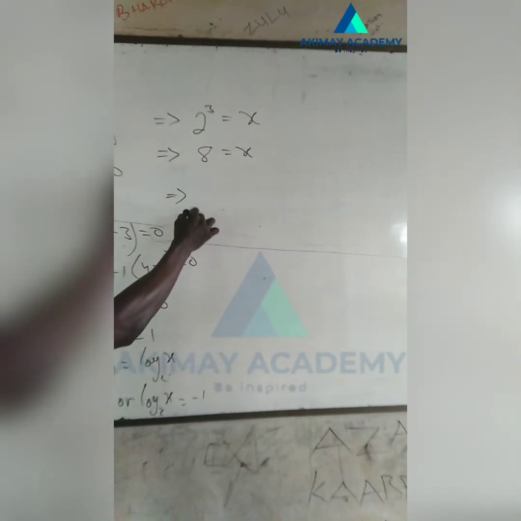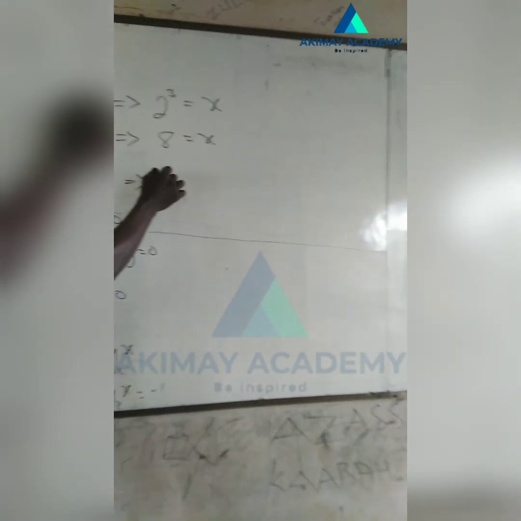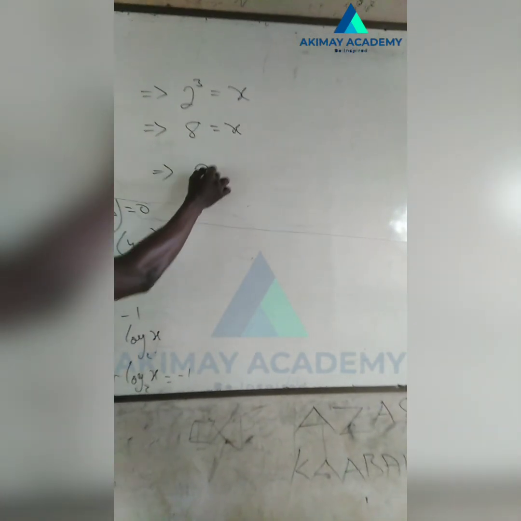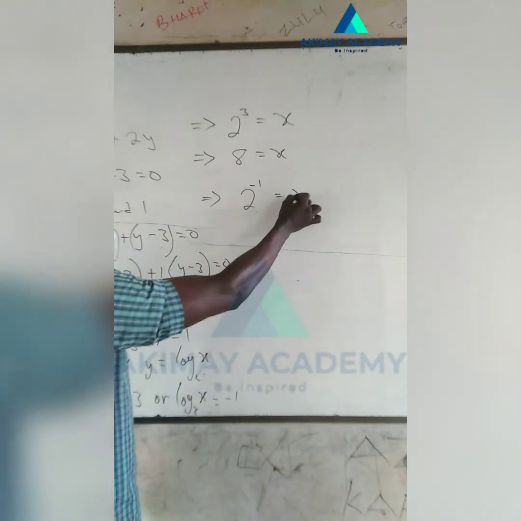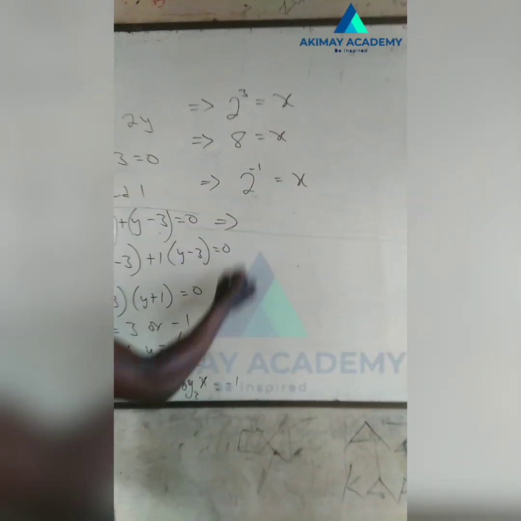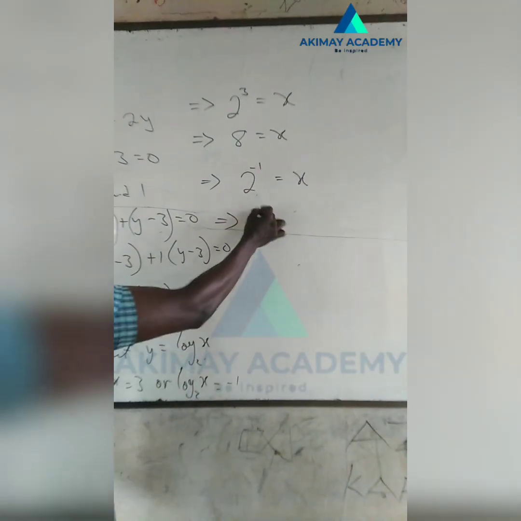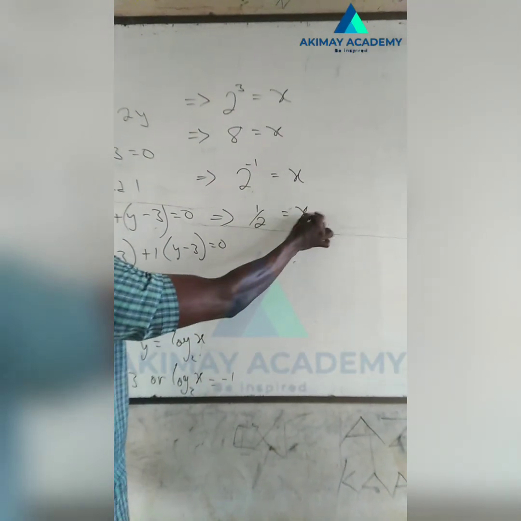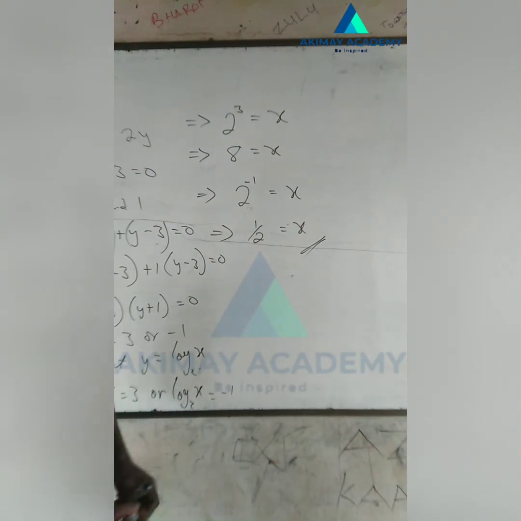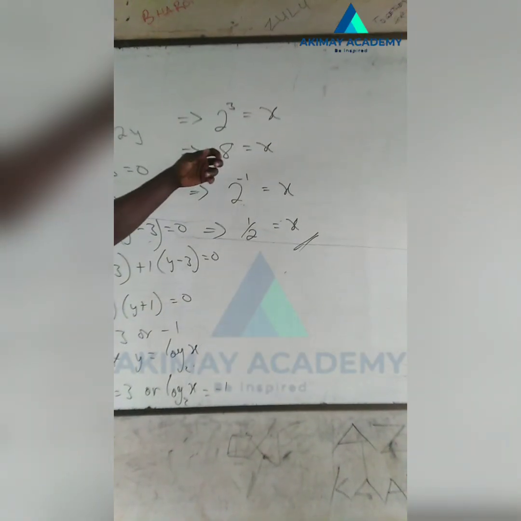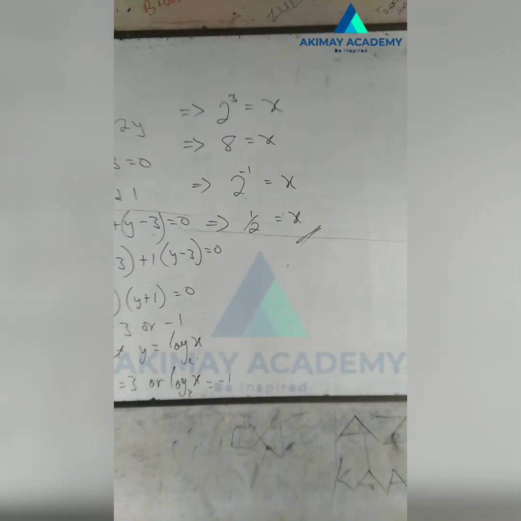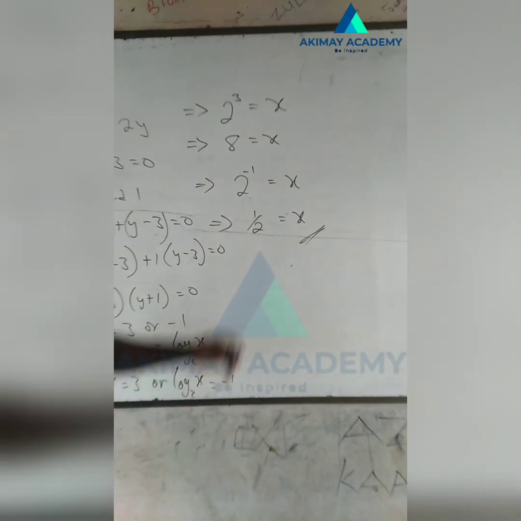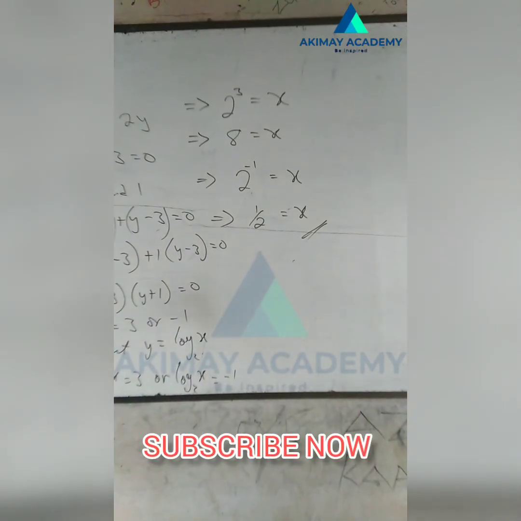So we have our base is 2, exponent negative 1, then we have x, right? So we can change this one to 1 over 2 equals x, and these are two values of x. x is equal to 8 or x is equal to 1/2, and this is the simplest way of solving this problem.